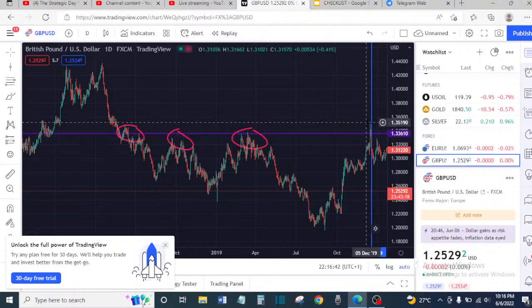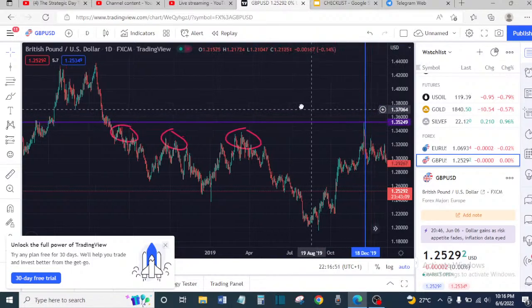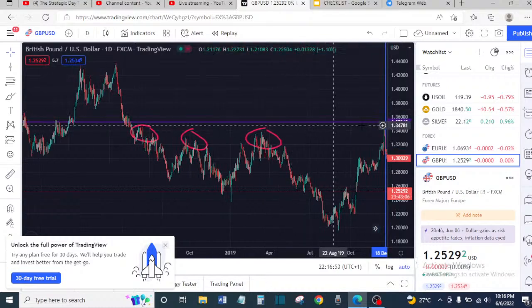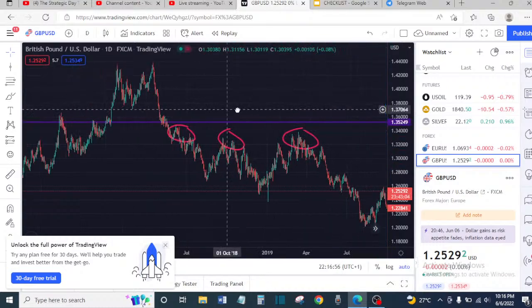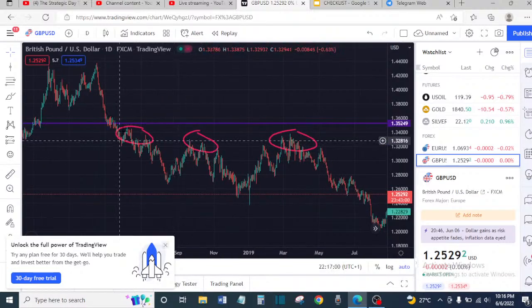They took it out using this. So I'm going to move the line to see where it stopped. They stopped here.